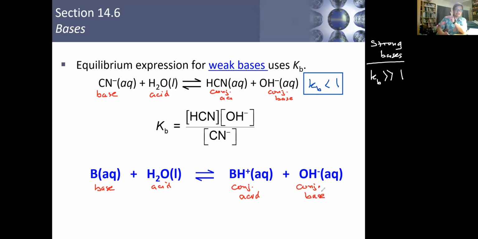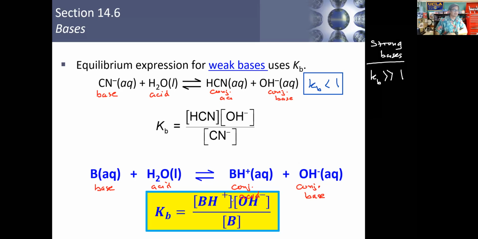So for all weak bases, this is the process that we expect to get. This is the general equilibrium expression for any weak base, and therefore the law of mass action for this general base is going to be this right here.